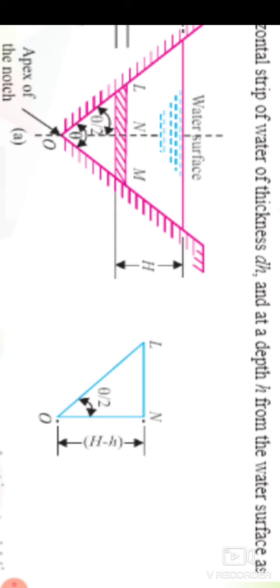We first derive the expression for the small strip, and later apply it, so we consider a small strip whose thickness is H minus h.